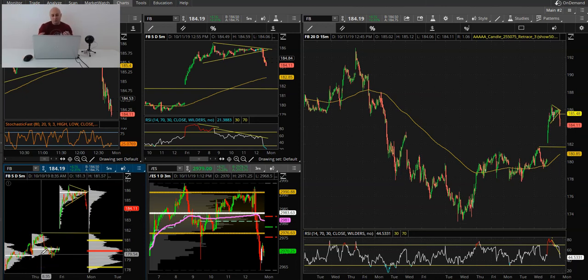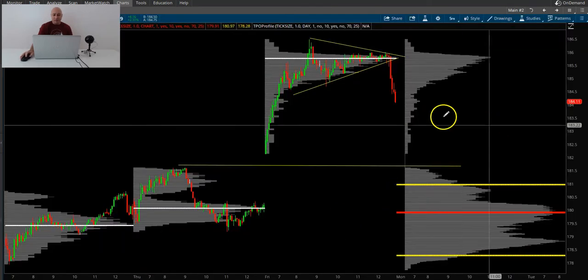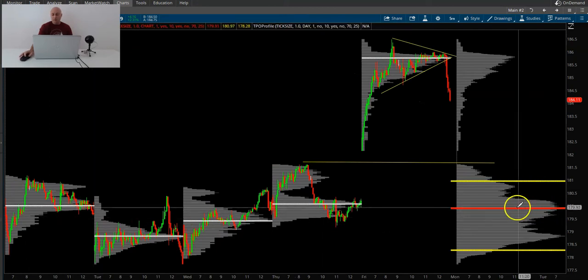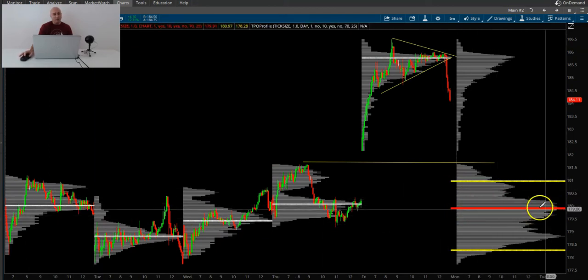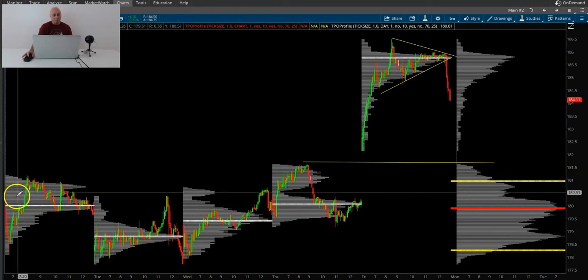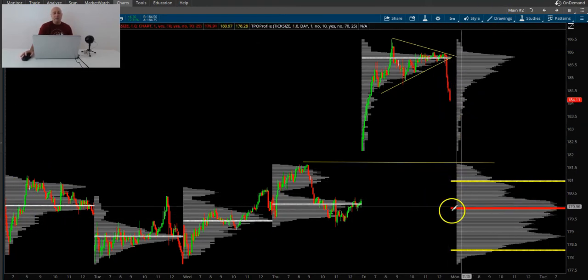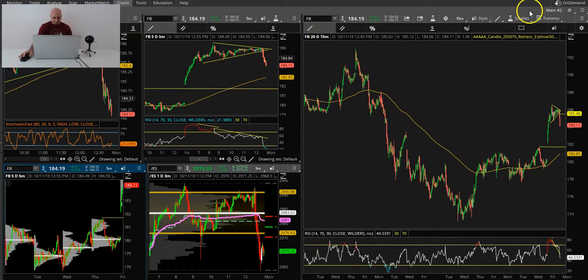I have it squished so you can't see the other days, but if I expand it, you will be able to see there are more days. And this is where the fairest price to do business was throughout all these days. And as we come down, maybe the buyers step in and start to buy up there.